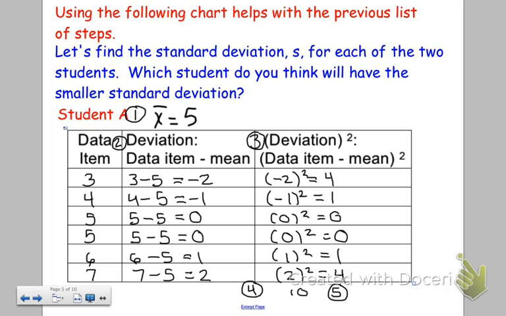If I check out the data items over here on the left, I have 6 of them. So what I'm going to divide by is 5. That gives me 2. And now my very last step is to take the square root of that. So if I take the square root of 2, I get approximately 1.414.